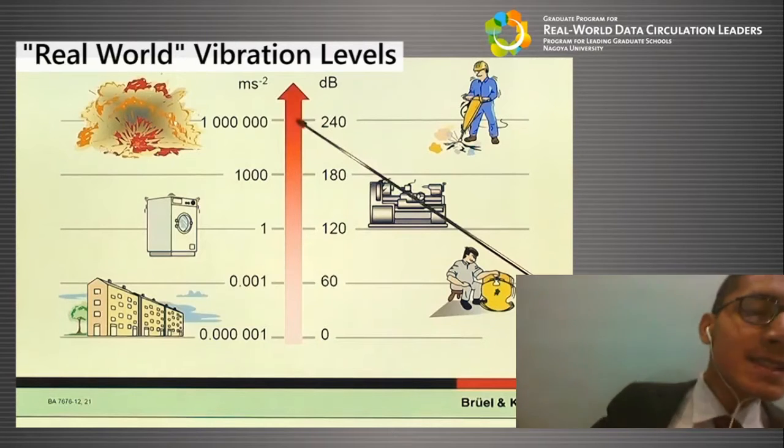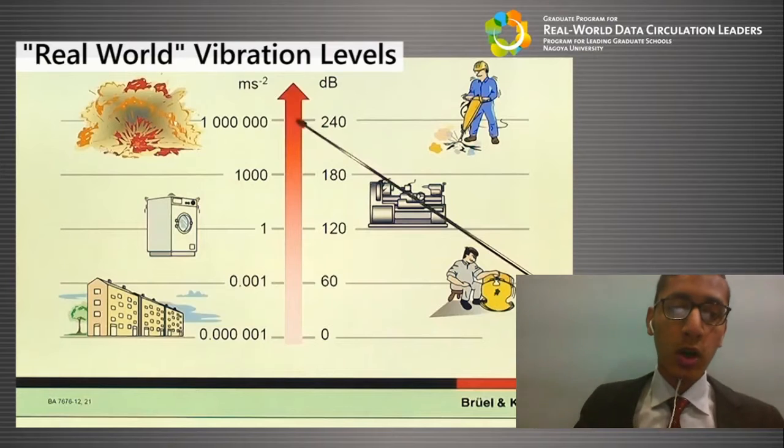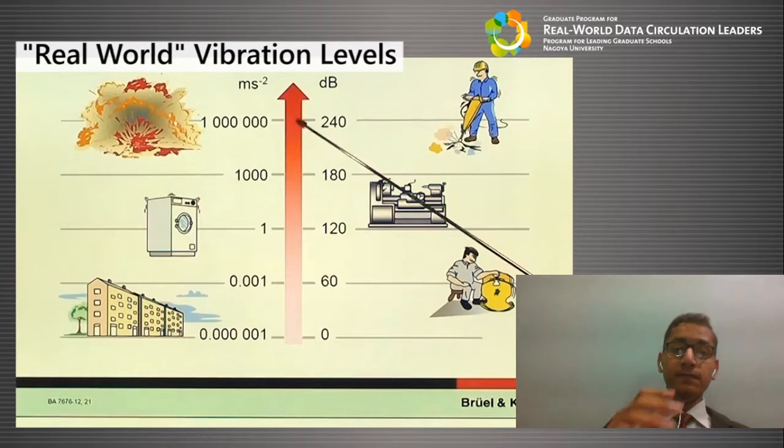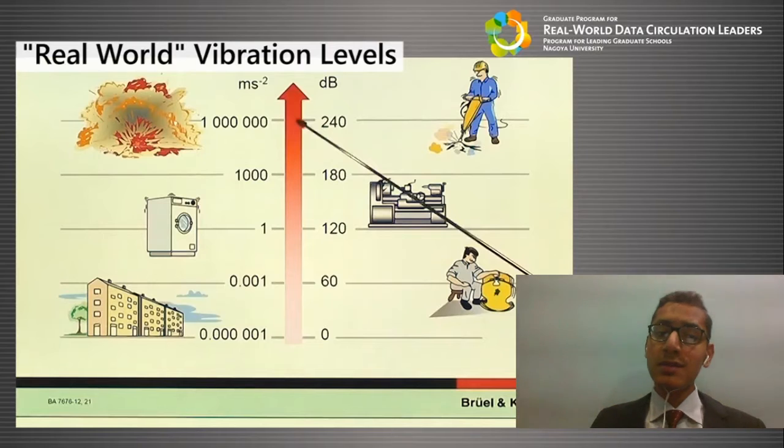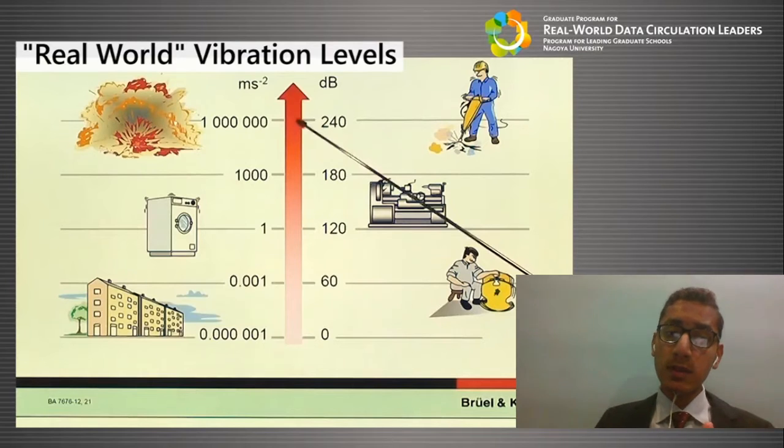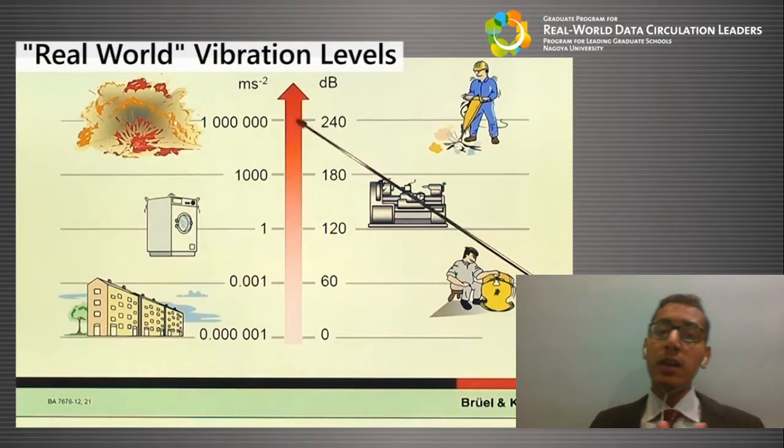While a CNC machine, a lathe machine, or a washing machine produces 120 decibels, which is equal to 1 meter per second. Then we have 180 decibels that equals 1000 meter per second. And a worker drilling the pavement equals 240 decibels or 1 million meter per second.